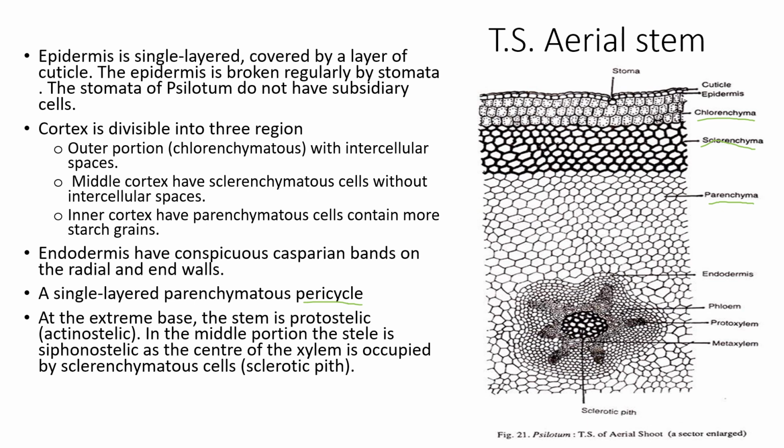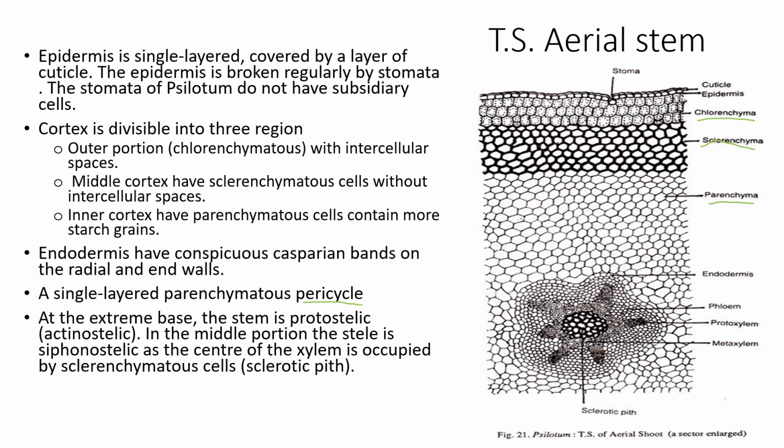The stele is actinostelic in the basal part of the stem. When it comes to the distal or middle part of the stem, it is haplostelic with a pith. The difference between actinostelic and haplostelic is that in actinostelic there is no pith, but the xylem is in a star-like shape. In the case of a pith-containing stele, there is a pith.